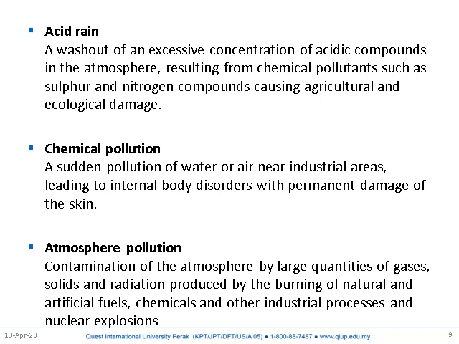Okay, so sulfur oxide and nitrogen oxides mix with water and result in acid rain, causing agricultural and ecological damage. Chemical pollution of drinking water or air near the industrial areas. Atmosphere pollution: contamination of the atmosphere by large quantities of gases, solids, and radiation. Okay, so these are the various causes for disaster.